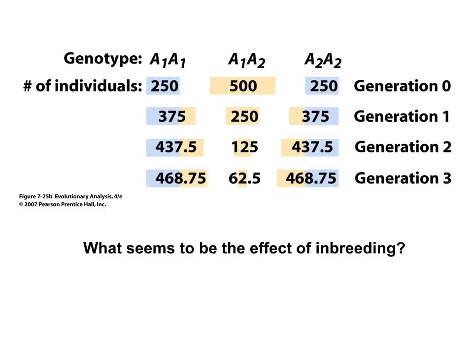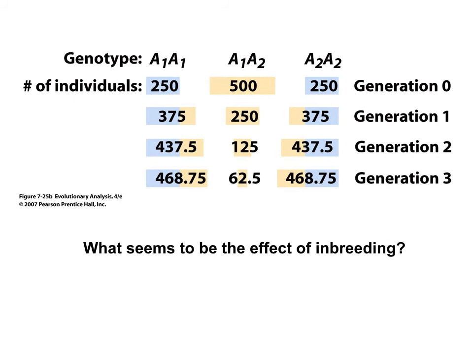So when we take it out a few more generations, it's easy to see this march towards homozygosity, right? And so eventually, if you kept taking it out, you would get to a point where there's less than one individual that has a heterozygous genotype, and then roughly 50% would be A2 homozygous and 50% would be A1 homozygous.